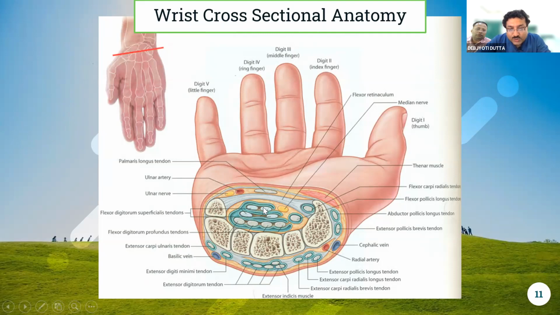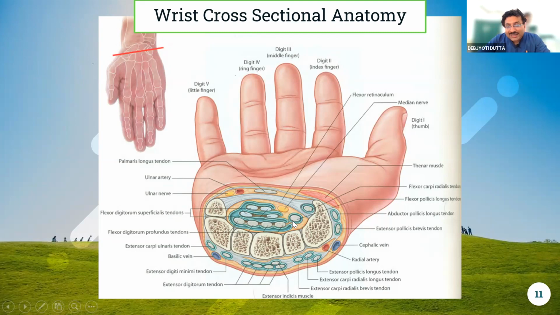They are together. So to separate them from the median nerve, we need to ask the patient. If you are expert enough, then you will be able to see and identify the median nerve. But if you are not, ask the patient to move the fingers like this. What will happen? All the tendons will move, but not the median nerve. That is how we will be able to differentiate the median nerve.